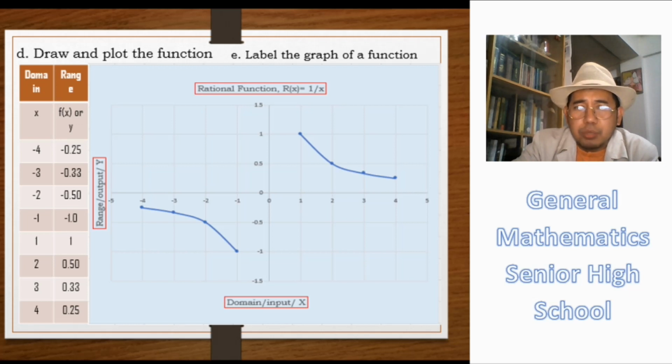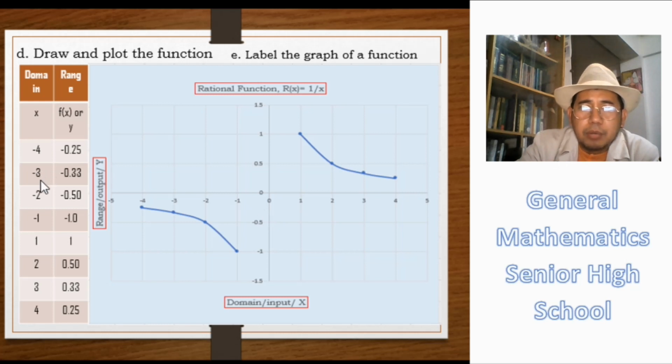Of course, you will notice in here the negative 3 is located in the third quarter, with a corresponding value of y, which is negative 0.33.